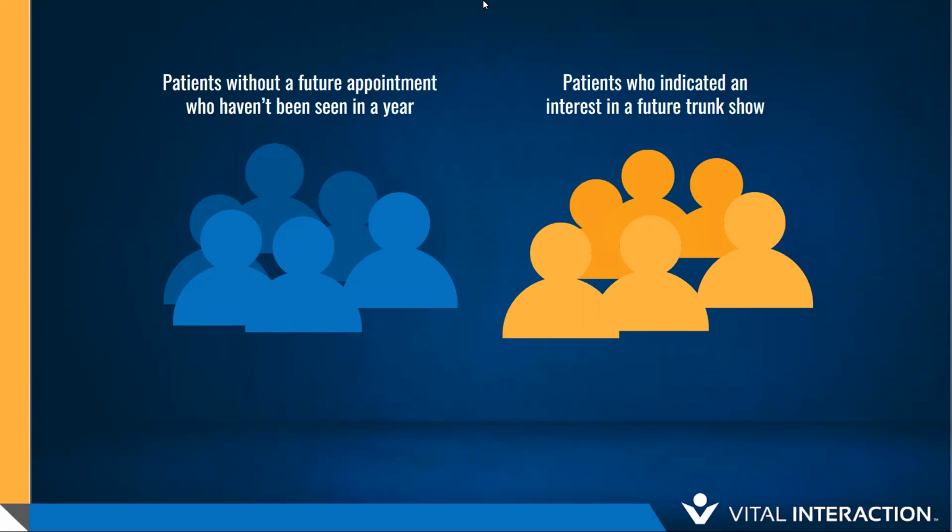I know that you've worked with a lot of practices around segregating the data into different subsets of patients, so I thought I'd give you a chance to give some examples of how you've seen that. Yeah, so if we take the broad example, patients without a future appointment or who haven't been seen in a year, if you think about different practices such as eye care, it's important to get your eyes checked every year.